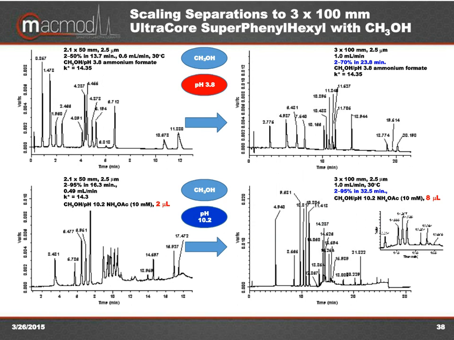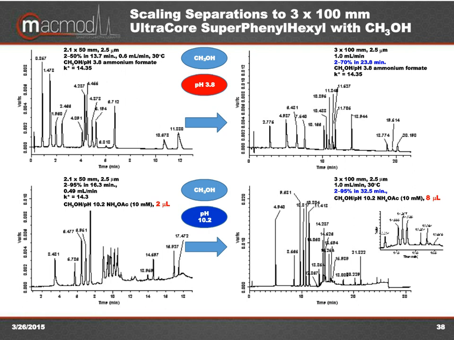This slide shows the translation of the gradients from a 2.1 by 50 UltraCore superphenylhexyl with methanol in the top trace, carried out at pH 3.8 with ammonium formate, and then moving to a 1 mL/min separation on a 3 by 100, going from 2 to 70%, and all of the peaks are nicely separated there.